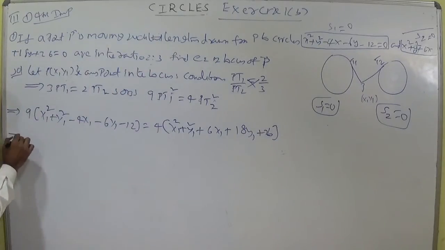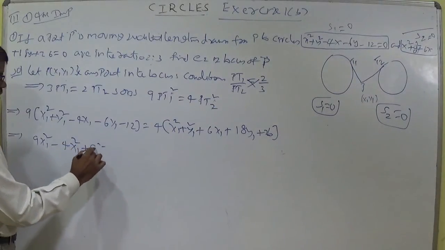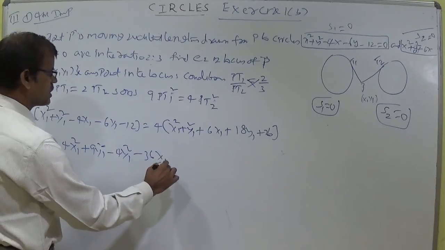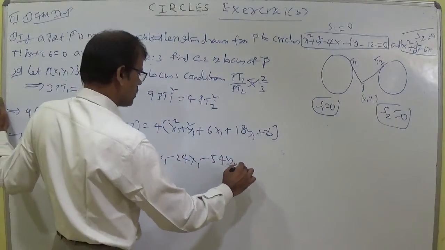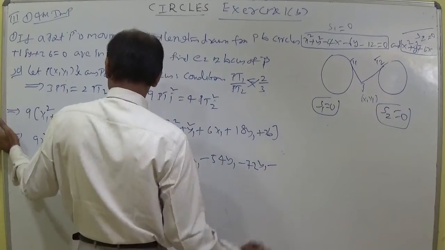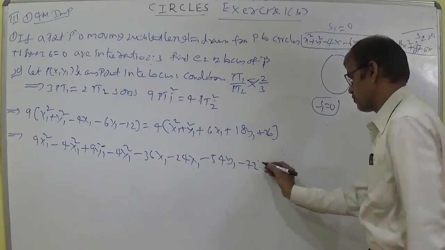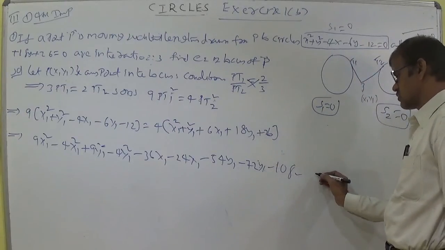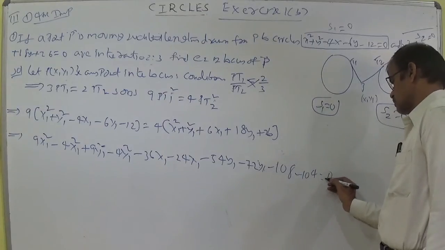By expanding and taking terms to this side: 9x1 square minus 4x1 square, plus 9y1 square minus 4y1 square, minus 36x1 minus 24x1, then 9 6s are 54y1 minus 4 18s are 72y1, minus 9 12s are 108 minus 4 into 26 is 104, equal to 0.